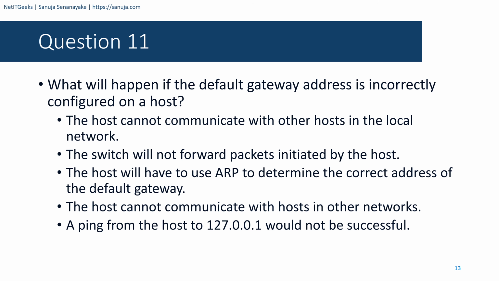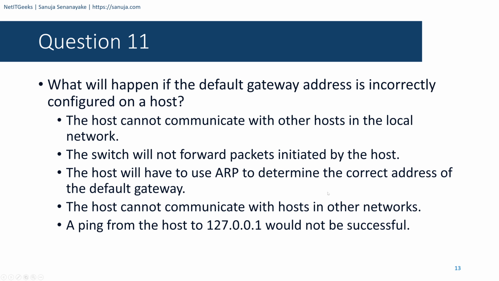That tests the TCP/IP stack of your device without having to route any packets through the network, just to test that the TCP/IP stack is working on your device. So this can be an answer, but a ping from the host to 127.0.0.1 should always be successful if the TCP/IP stack is working. It doesn't matter what the gateway address is, so we can eliminate that answer.